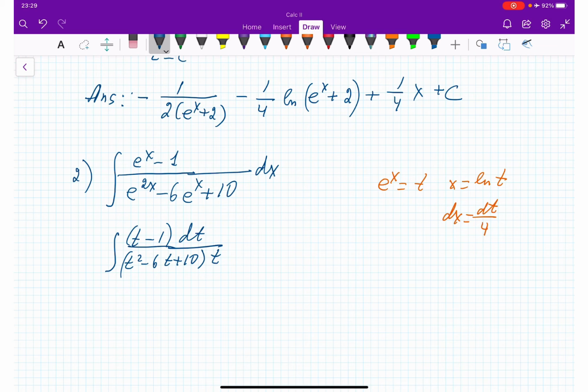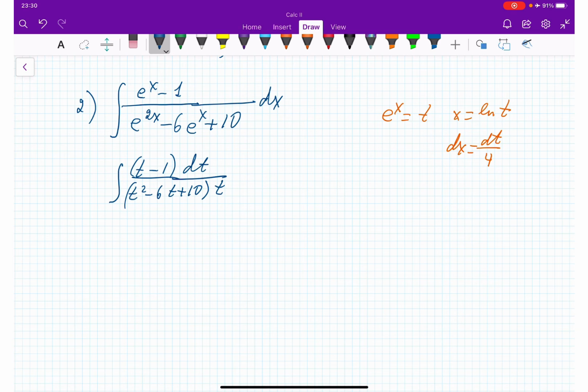Okay, so the expression under the integral is a proper rational fraction. Therefore, we can represent it in the form of a sum of simple fractions, and we are going to use the same format again.